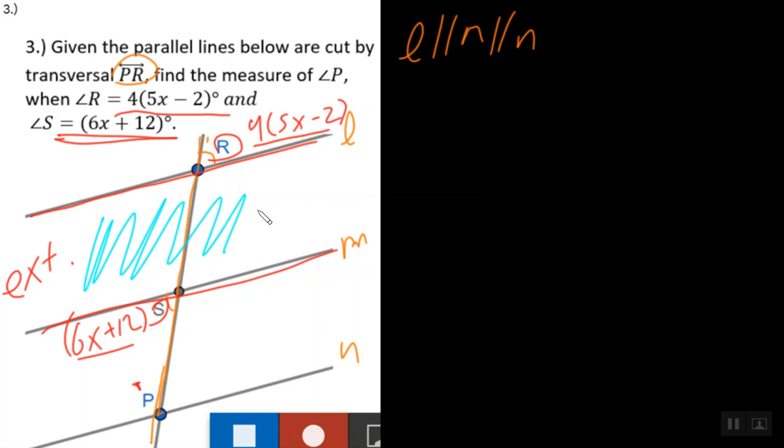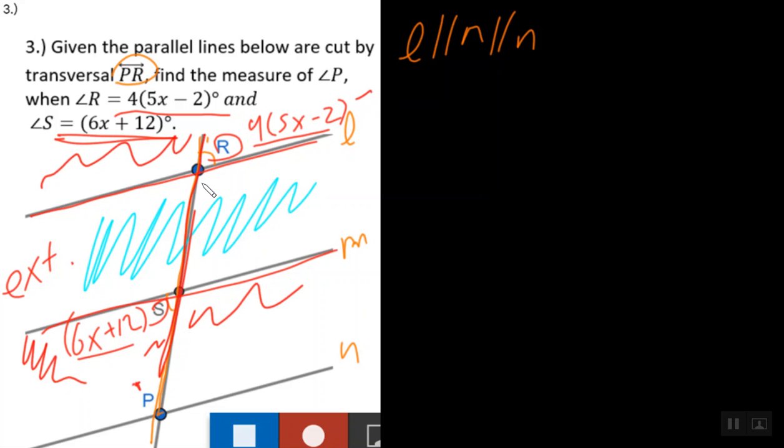This right here would be the interior, and this right here in the red would be the exterior of those lines. And you'll notice here's our transversal, and this one is on the left side and this one's on the right side. So they are actually going to be alternate exterior angles.